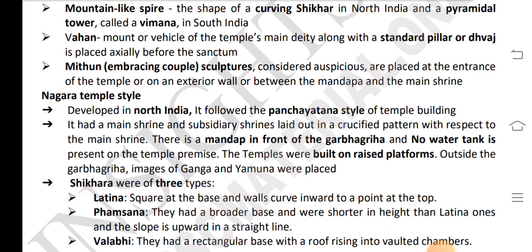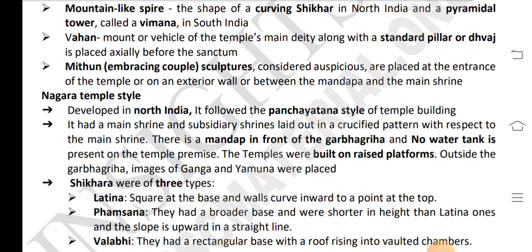Extras to the temple include a portico and a hall for large numbers of worshippers, known as mandapas. The mountain-like spire, the shape of which curves, is called the shikhara in North India, a pyramid tower called the vimana in South India, and the vahana is the mountain or vehicle.